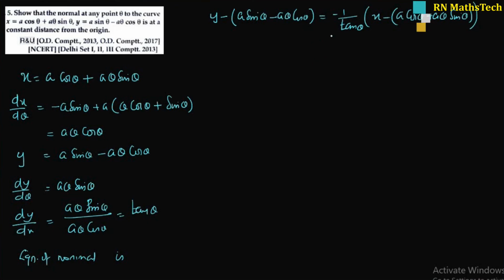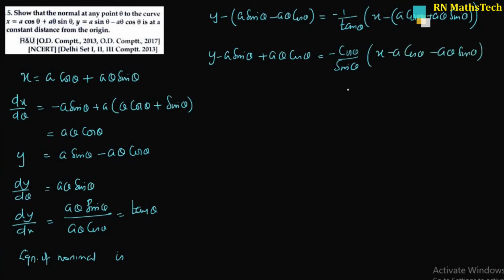Okay, see, this one is minus cos theta by sin theta, that is y minus a sin theta plus a theta cos theta is equal to minus cos theta by sin theta into x minus a cos theta minus a theta sin theta.